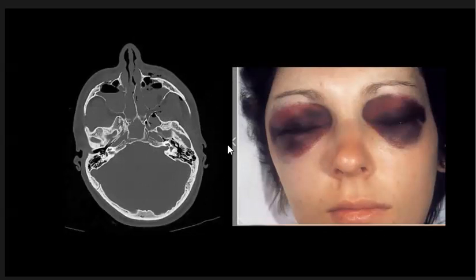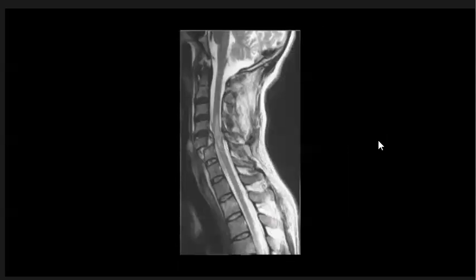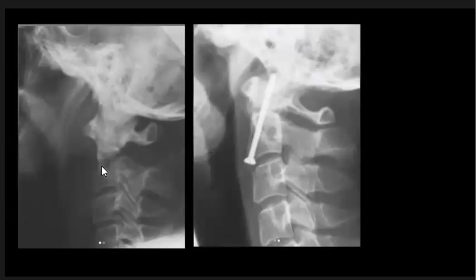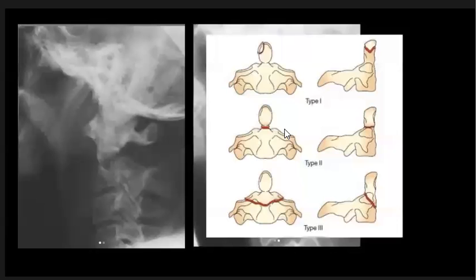fracture base of the skull with raccoon eyes, subluxation of the C5 over C6 with cord trauma, contusion, odontoid fracture after fixation, before and after fixation.